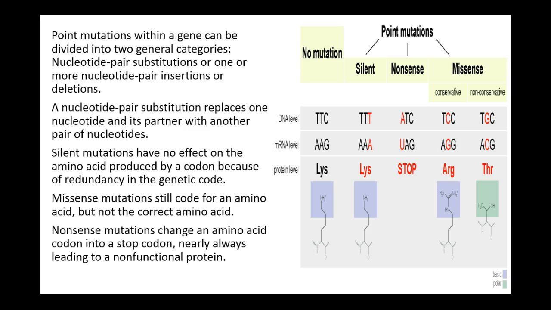And then you have nonsense, which unfortunately might be considered the most severe, because it will just lead to a stop codon. And that will then either not create a protein or not create a functional protein. So these are three types of substitution mutations.